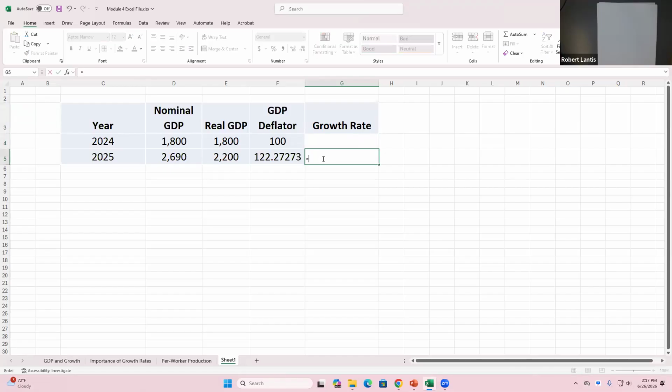Well, the growth rate is always going to be 100, since I'm making it a percentage, times the difference in my real GDP. I would take 2025 minus 2024. That's the change in my real GDP. And then divide that by where real GDP started out. The older time period here was 2024. So here I had a growth rate of 22%.